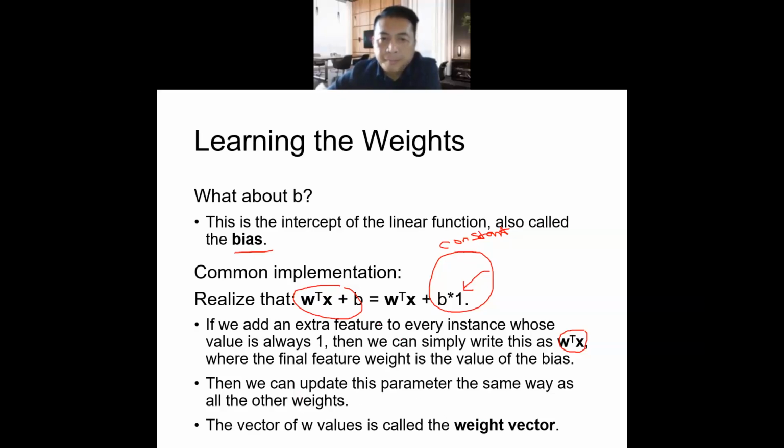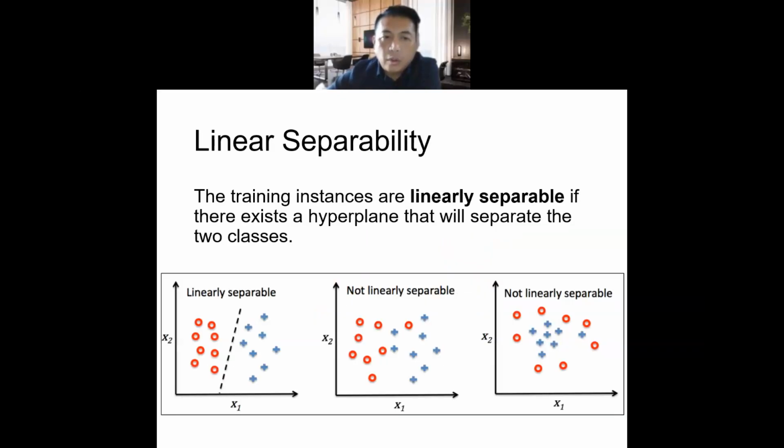Another thing that we also have to look at is the learning rate. But before that, let's take a look at this one. This one is linearly separable. This one is not linearly separable, the same as this one. We cannot do this.